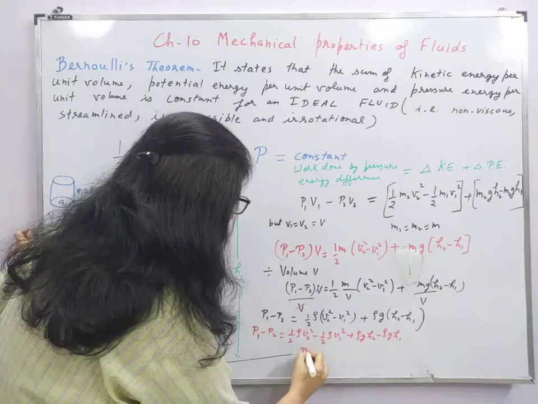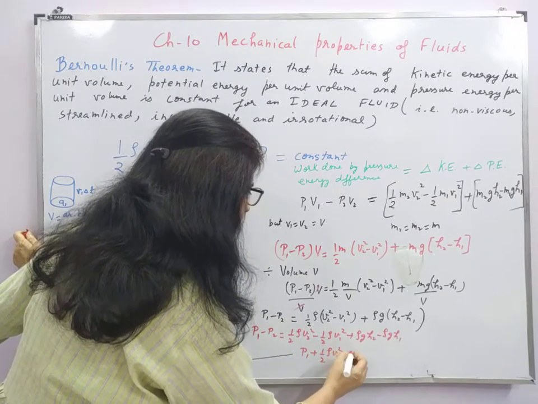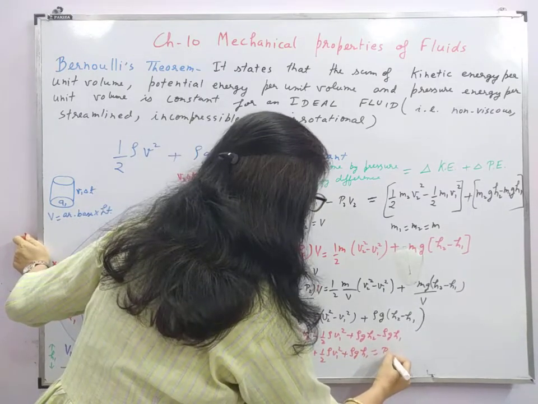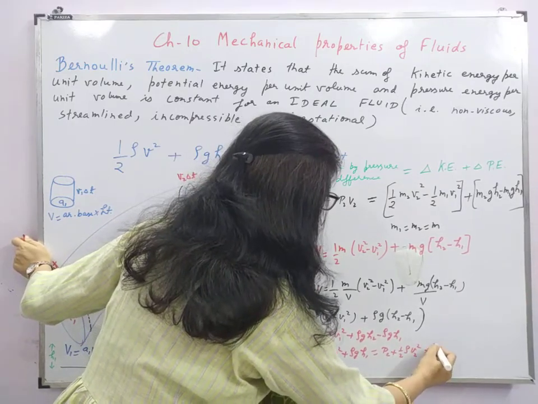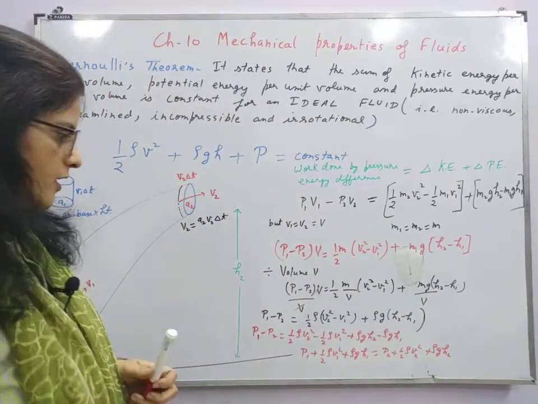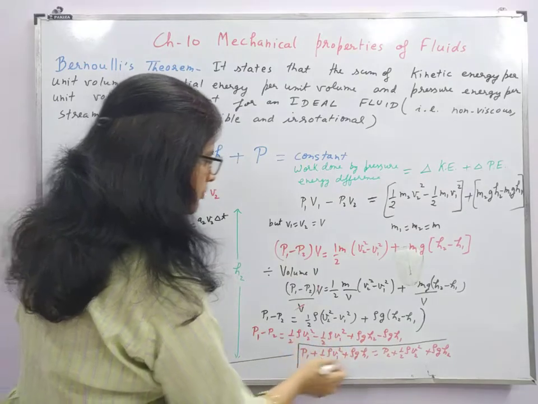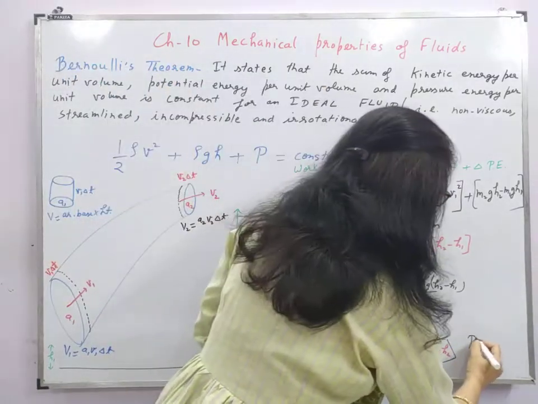So this gives me P1 plus half rho V1 square plus rho G H1 is equal to P2 plus half rho V2 square plus rho G H2. So this gives the Bernoulli's theorem, or you can say that this proves the Bernoulli's theorem, right?